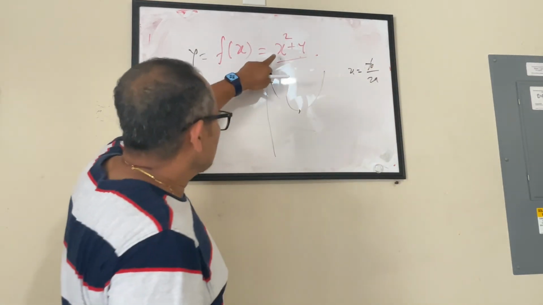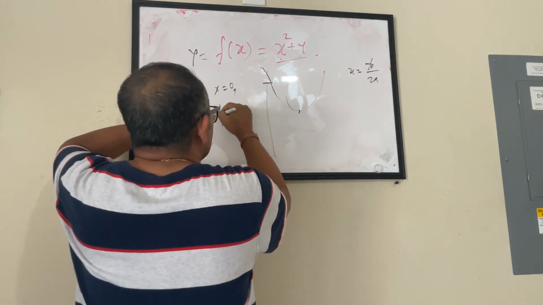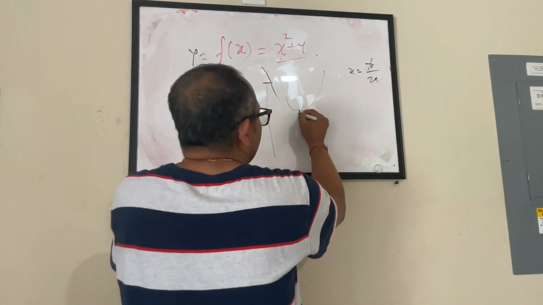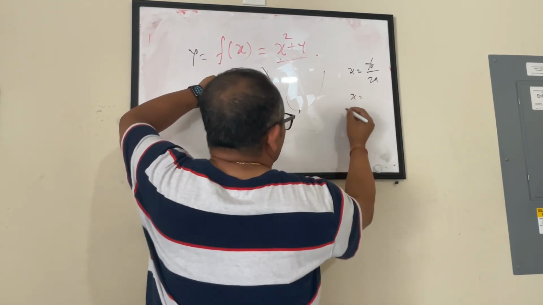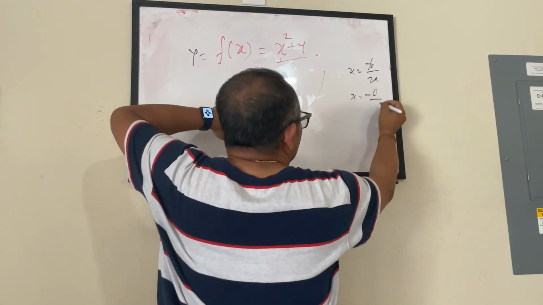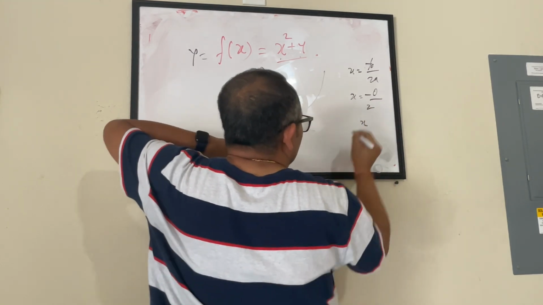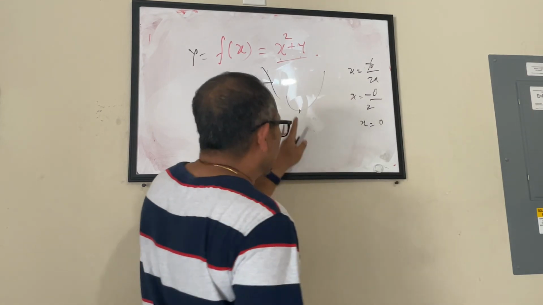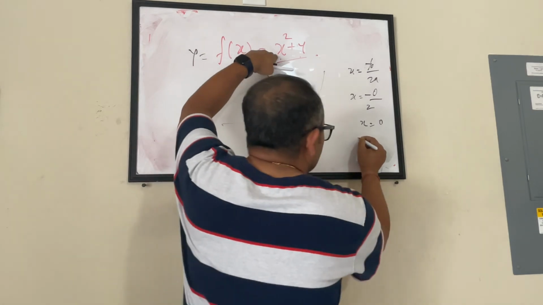So here, the x coordinate is equal to minus b, which is 0, by 2a. 2a is 2 into 1. So x is 0. Fine. So x equals 0.